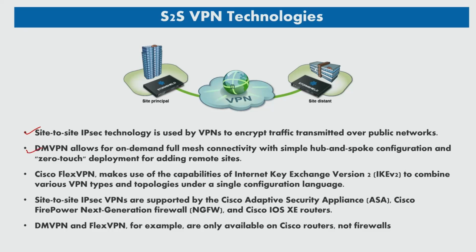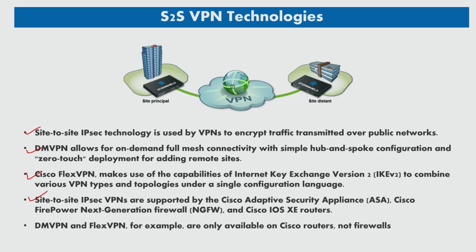First is the DMVPN. So the DMVPN solution, or the Dynamic Multipoint Virtual Private Network solution, for example, allows for on-demand full mesh connectivity with simple hub-and-spoke configuration and zero-touch deployment for adding remote sites. Next is Cisco FlexVPN. It makes use of the capabilities of Internet Key Exchange version 2, or IKEv2, to combine various VPN types and topologies under a single configuration language.